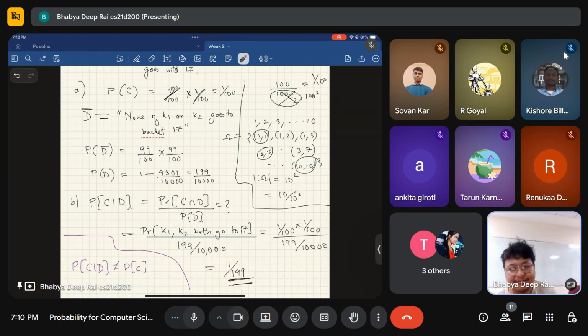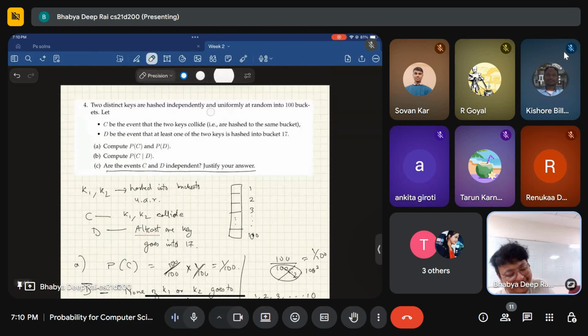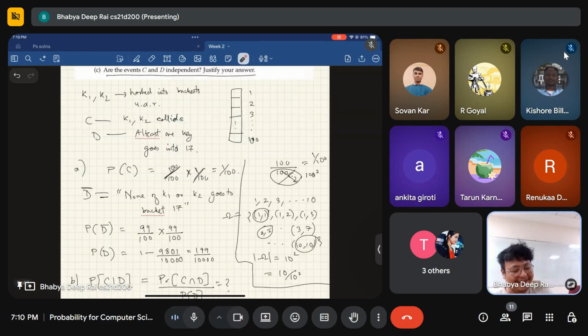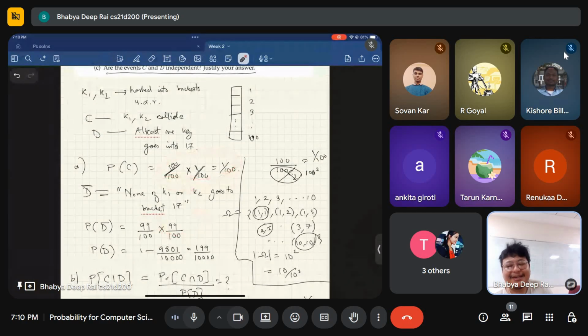And why does this happen? Because the hashing is independent and uniform. Everywhere, implicitly, we are assuming that they are uniformly hashed. We are saying that the probability of any key landing on any bucket is 1 by 100. So this is already assuming uniformity.